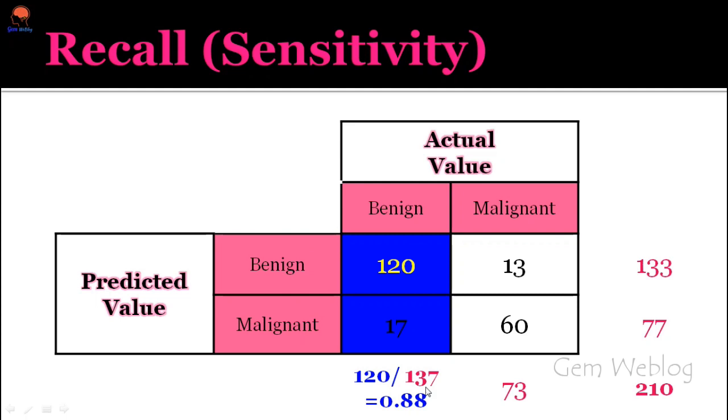Out of 137 samples that belong to benign class, only 120 samples have been correctly classified by the ML model. So the recall is 120 divided by 137, which is equal to 0.88, that is your recall value.